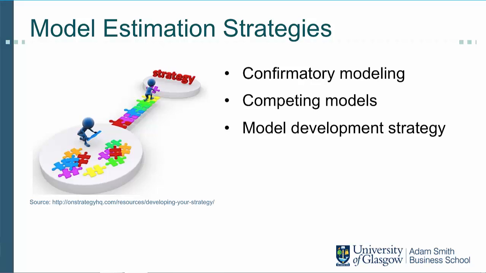Whilst in some instances relationships are strictly specified and the objective of your analysis is a confirmation of a relationship, in other times the relationships are only loosely recognized by pre-existing theory, and the research objective may be to discover whether they indeed exist. In fact, SEM allows for 3 different modeling strategies: confirmatory, competing models, and model development.